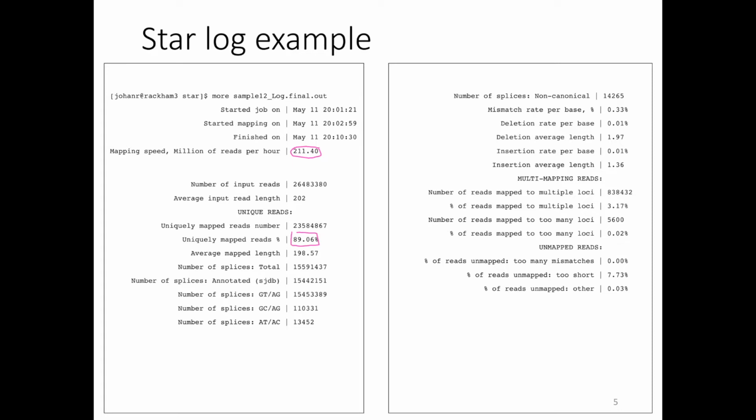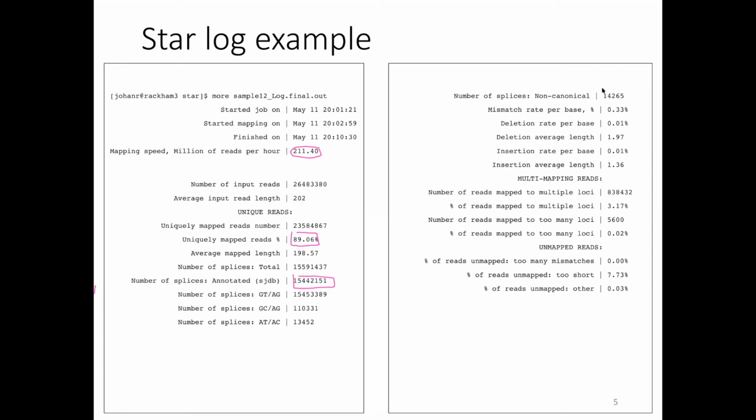Then STAR also gives information about the number of spliced reads, both the annotated ones and reads that were spliced at non-canonical sites. If you look at the numbers, now I'm trying to find my pointer, but yeah, here. This is the number of annotated splice sites, so these are the ones that are known to be in there.